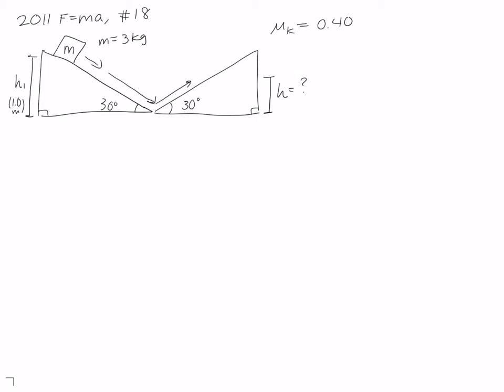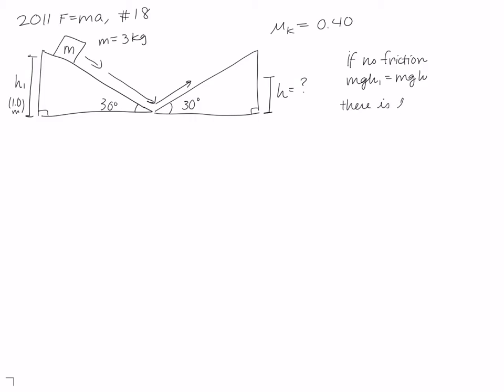So we know that our block's going to move down, and then it will start moving slightly upward. Now, if there was no friction, then because energy must be conserved, we would have that mgh1 equals mgh.